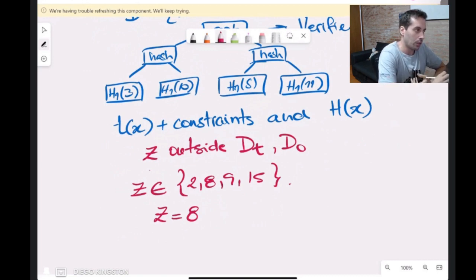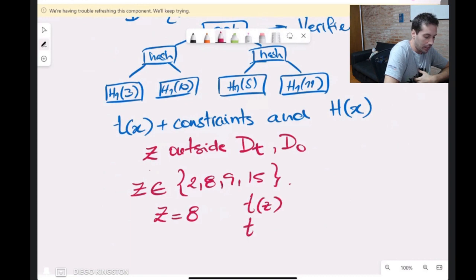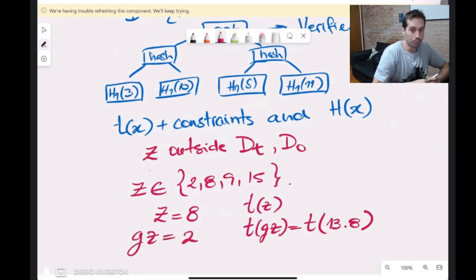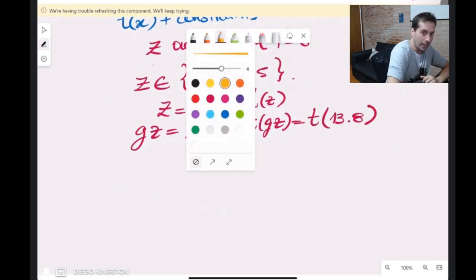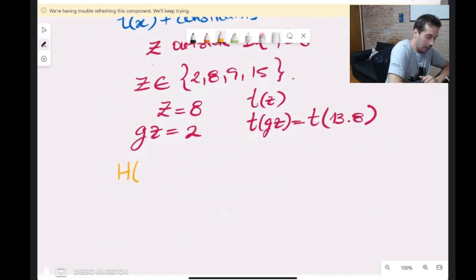To be able to calculate the composition polynomial from the trace, we not only need t of z, but we also need t of g times z, which is t of 13 times 8, which in this case is 2. So the prover is going to say, okay, h evaluated at 8 is 10, and so h1 of 8 squared is 6, and h2 of 8 squared is 9.